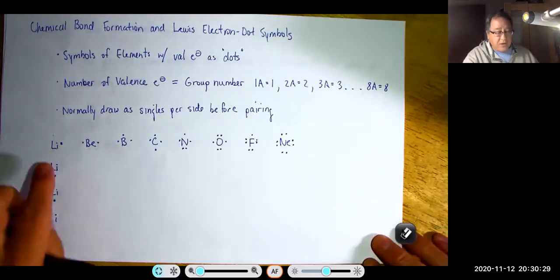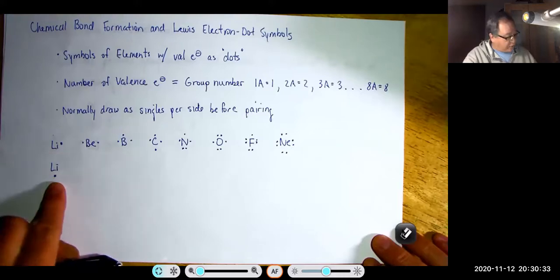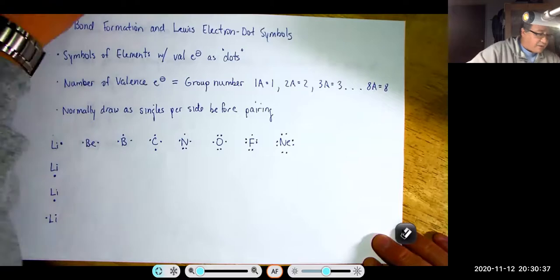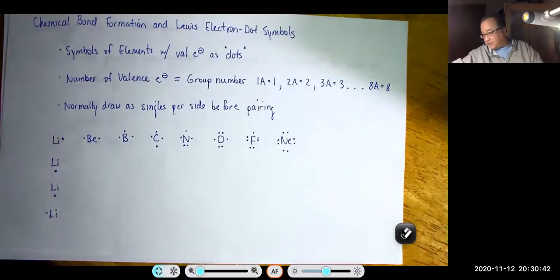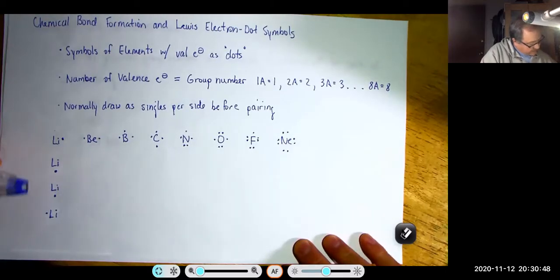For lithium, we're drawing a dot on the right-hand side, or you could draw it on the bottom, or you could draw it, oh, I did the bottom twice. So let me get rid of that one, and let's make that somehow different. So we're going to do this, if I can manage to do it.